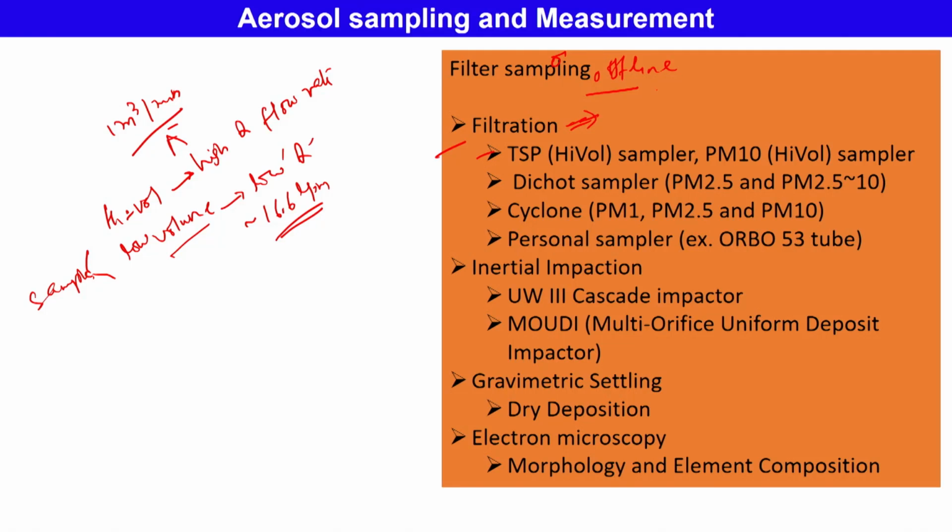But let's not forget that with a low volume sampler, samples are collected slowly, in very small amounts. So the particles already deposited on the filter surface will not be impacted much by the particles getting deposited next.